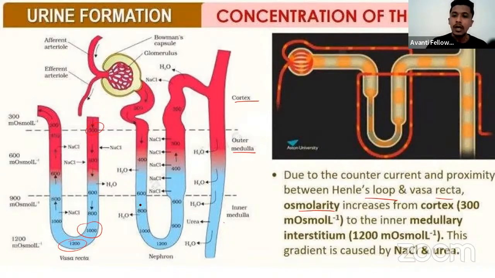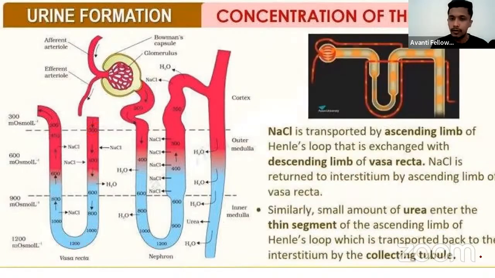Now, in the cortex, the osmotic pressure is around 300 milliosmoles per liter, and it increases gradually through the medullary interstitium to 1200. The change in this pressure gradient is caused by the sodium chloride as well as the urea that is exchanged between these limbs. Let us see what happens in the first stage. First, we have to talk about NaCl.